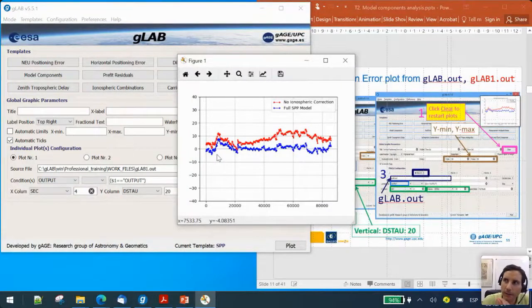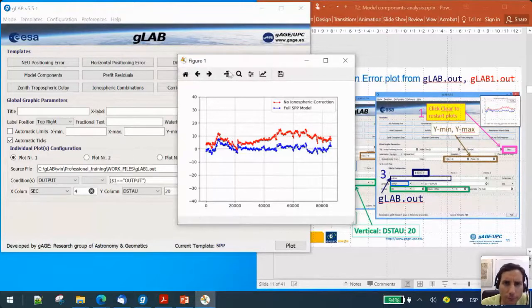We can assess what is the degradation, because you can see that the errors when we are taking into account the iono are smaller, closer to 0, than when we are not taking into account the ionosphere. Those are the red points.